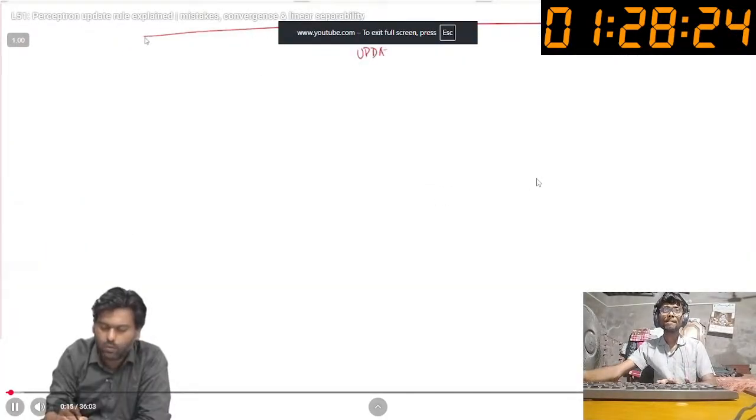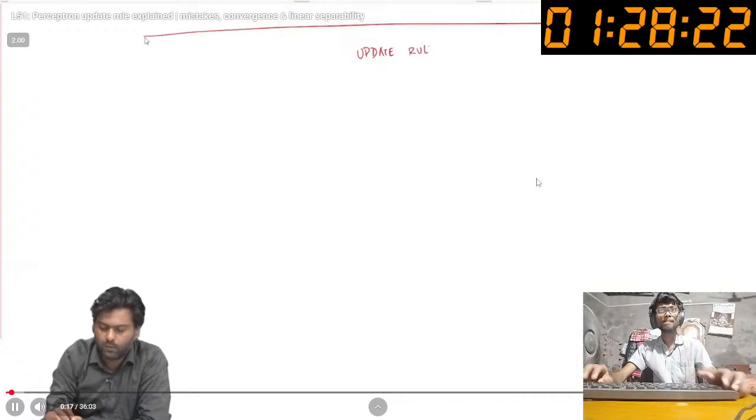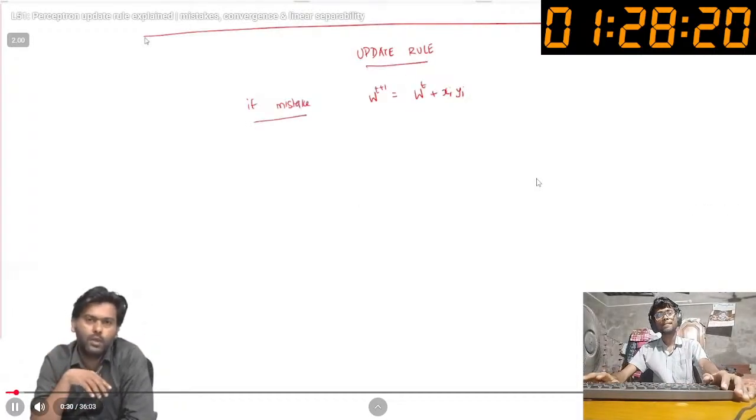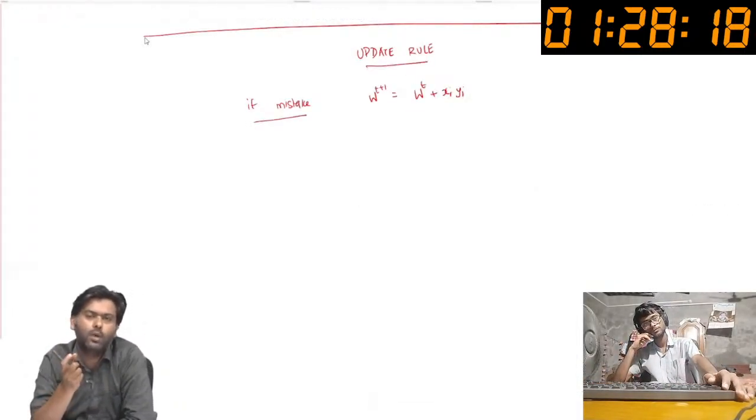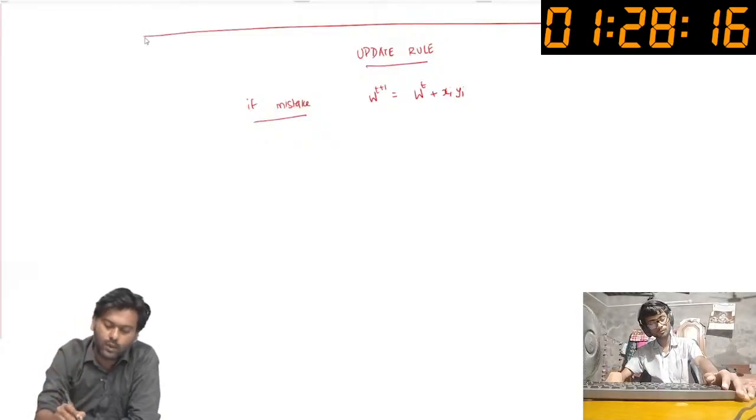Now there are two different ways you can make a mistake. What are these two different ways your current WT can go wrong on a data point? Well, pause and think about this. It's nothing too hard to see.